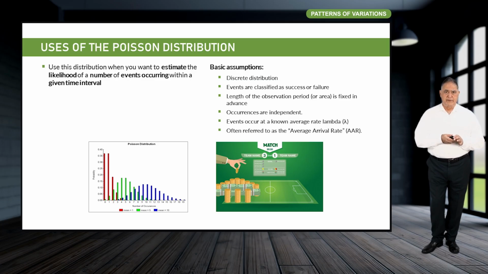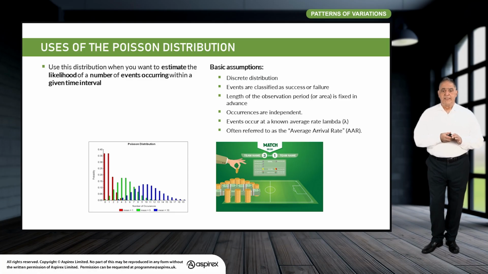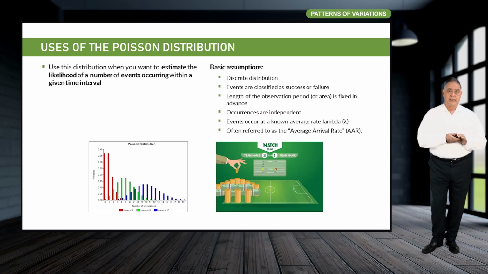Occurrences are independent from each other. Events occur at a known average rate, which is known as lambda, and this is often referred to as the average arrival rate, abbreviated AAR.